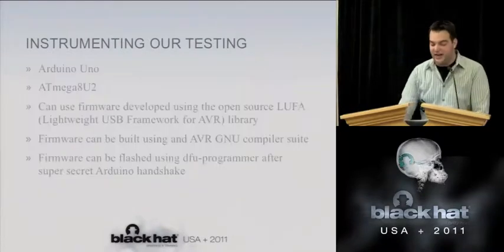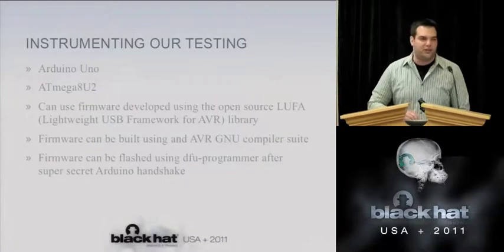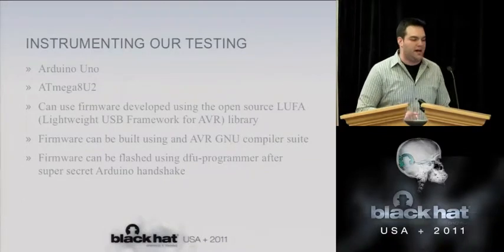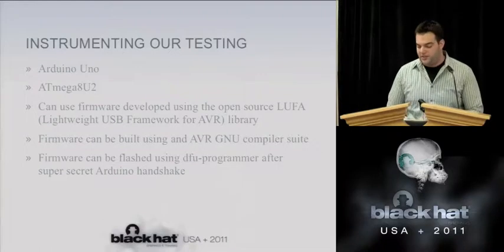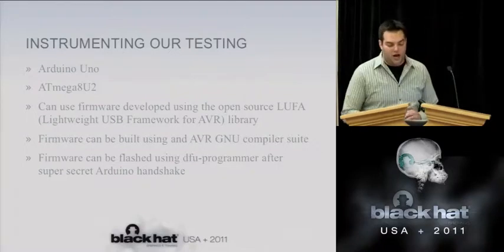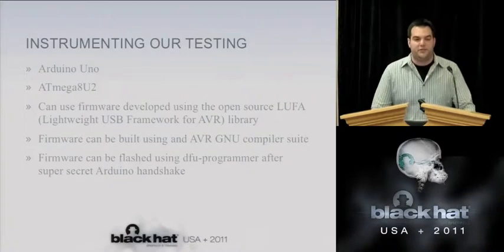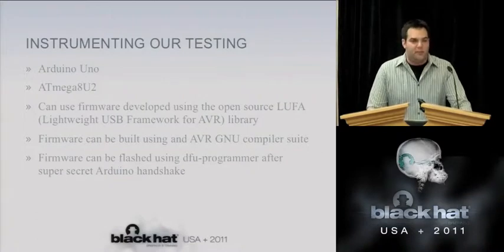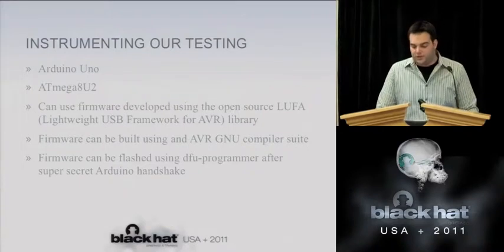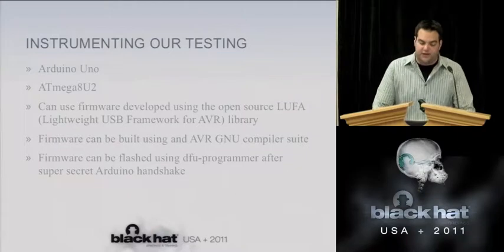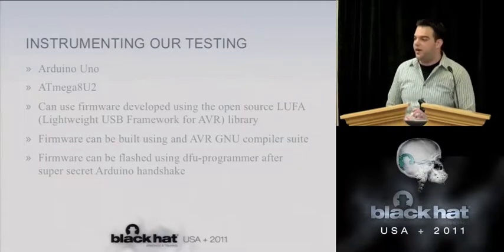In testing here, it's actually important when looking at Arduinos and the chipsets they have: the Arduino Uno, in one of the changes they made in the latest version, uses the ATmega8U2 chipset for USB. This is really convenient because Arduino uses an open source USB library called LUFA, the Lightweight USB Framework for AVR.